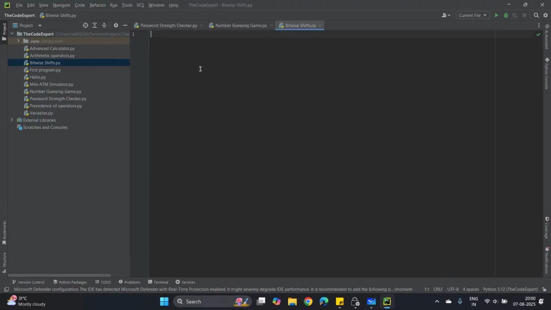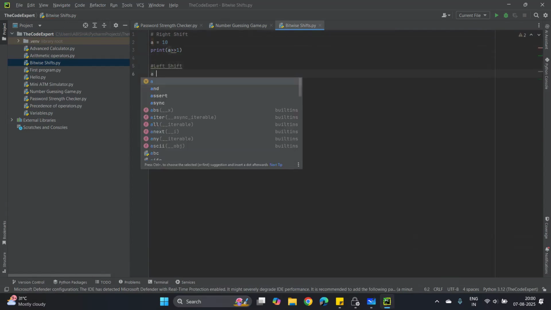Now let me explain it with the help of a code. First, let us do the right shift. I'm giving the number as 10, and I'm shifting it by 1 bit. And next will be the left shift.